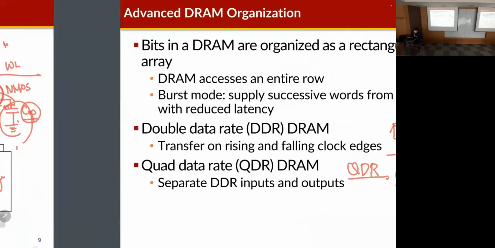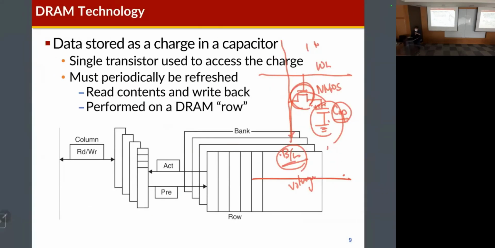As I explained, this is the structure of the bit cell of the DRAM. The DRAM cell is composed of one NMOS transistor and this capacitor. If the size of this bit cell is reduced, the size of the NMOS is reduced, and also the size of the capacitor is reduced. This is the switch. But if this switch size is reduced, the charges inside of this capacitor can be dissipated.